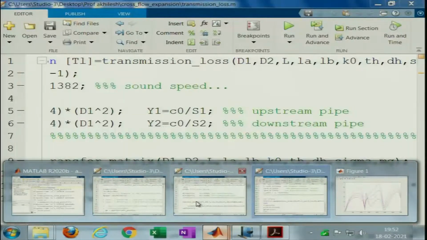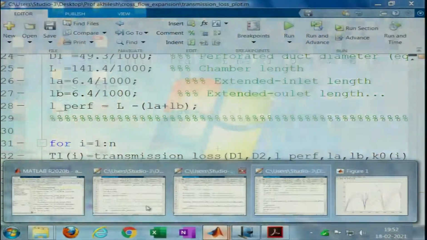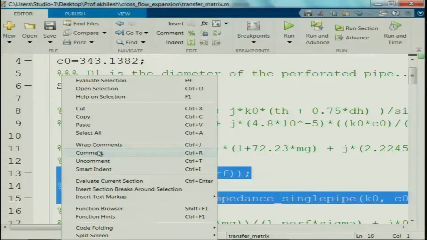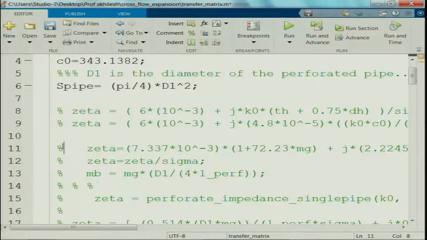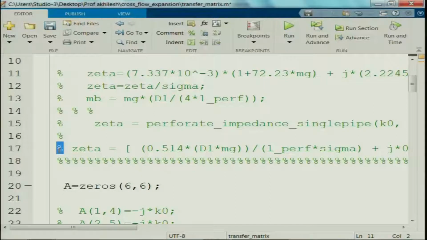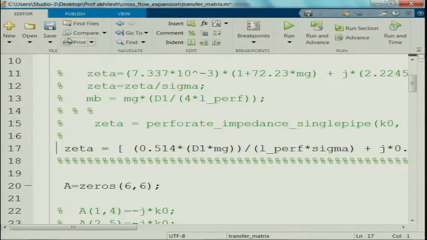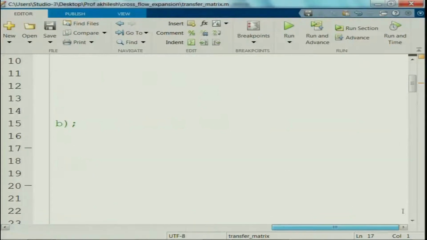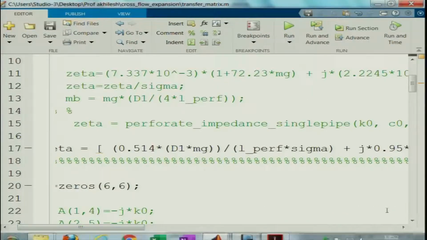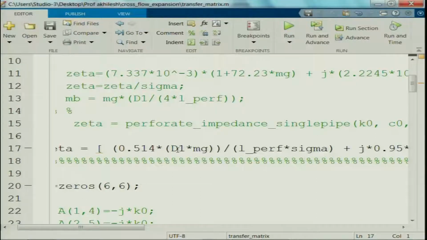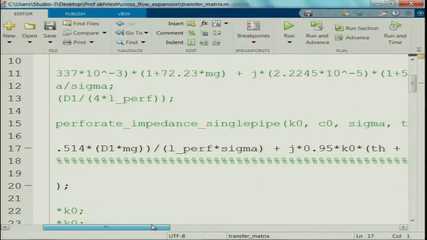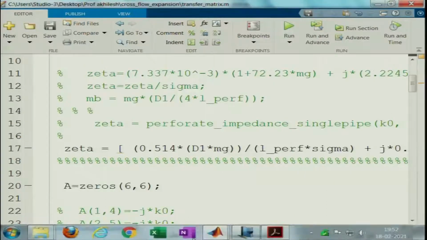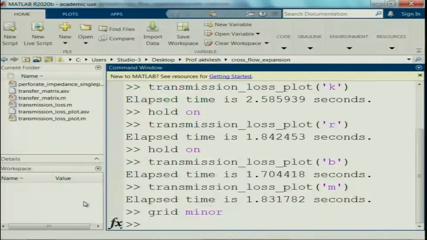Those classical expressions, if we just change these values, let us comment out these things. So d1 is the diameter of the duct, Mg is the grazing flow Mach number, and these are the things. So let us see what do we get.